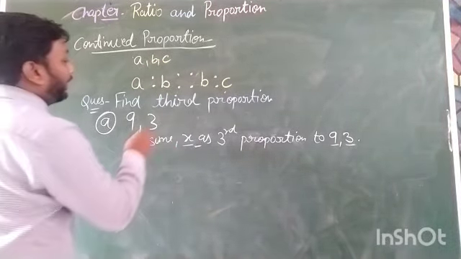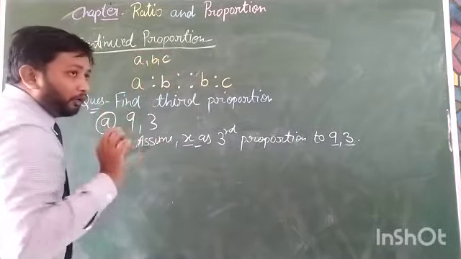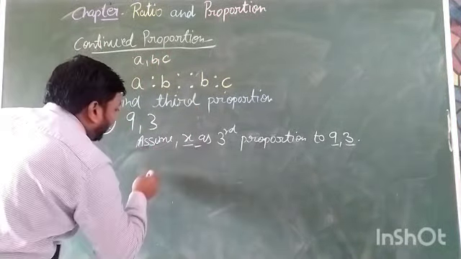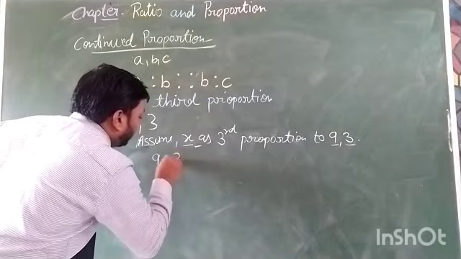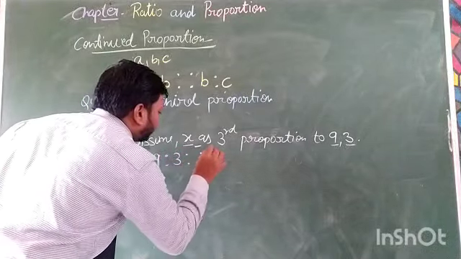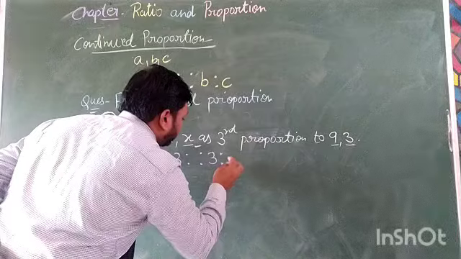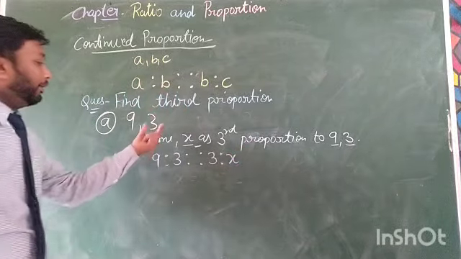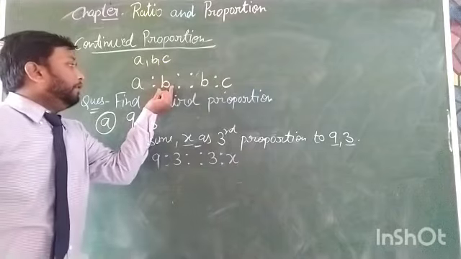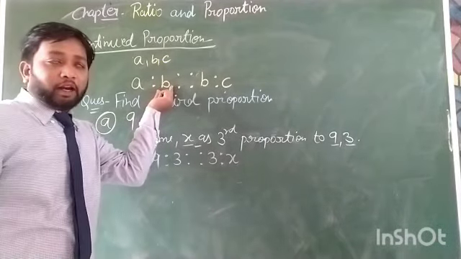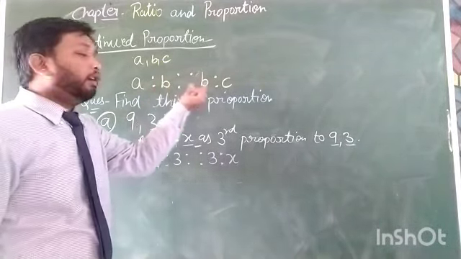We write it in a proportionality expression: 9 ratio 3 and 3 ratio x, because the second term is 3, and in continued proportion we use the second term as both the second and third term.